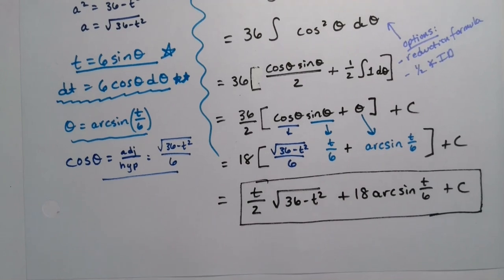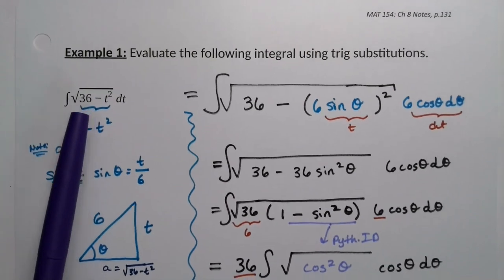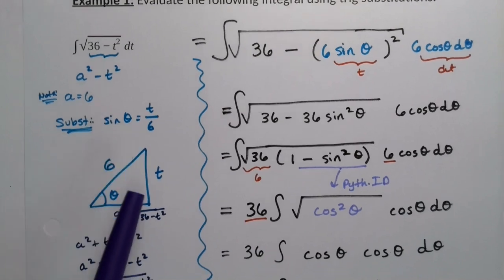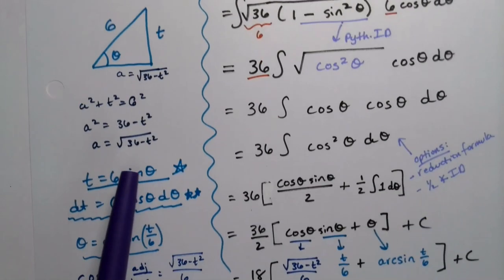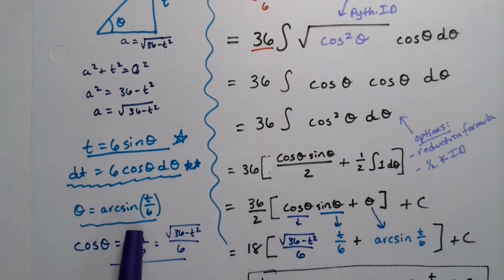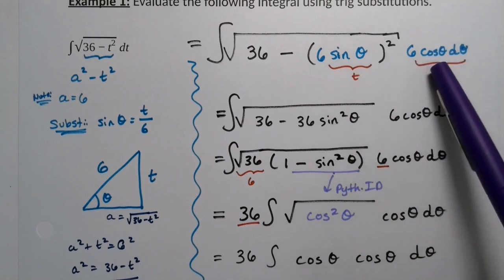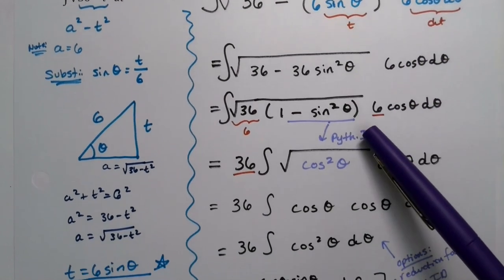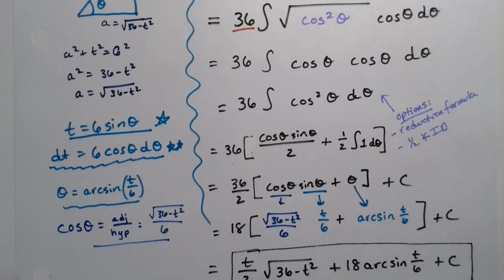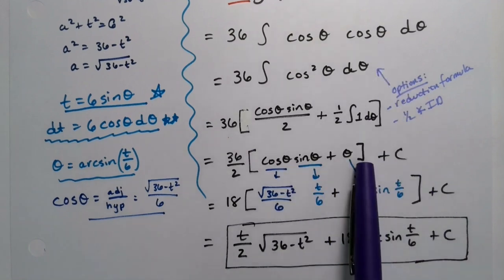So to recap what you're doing, you see which form it fits into. In this case, it was form number 1. You use that substitution, you build a triangle, and then you figure out whatever parts of it you need in order to be able to make your problem work. So then you go back in here and substitute in for t, there's dt, and then you work it using your trig identities and your basic applications of integration and all of your algebra and trig know-how until you get to the very end.